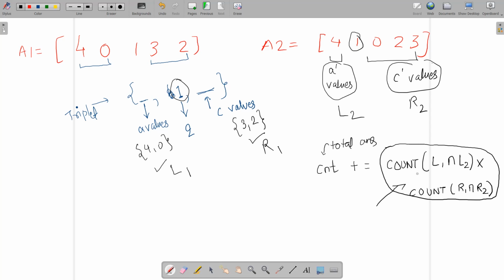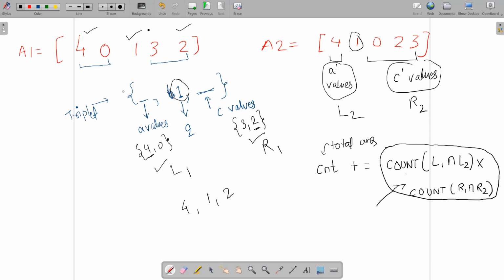When we find the number of elements in L1 intersection L2, we would always have elements which satisfy the positioning in A1. Like if we choose 4 and if we choose 2, you can see we have the pair 4, 1 and 2, and both indexes are in increasing order, right?